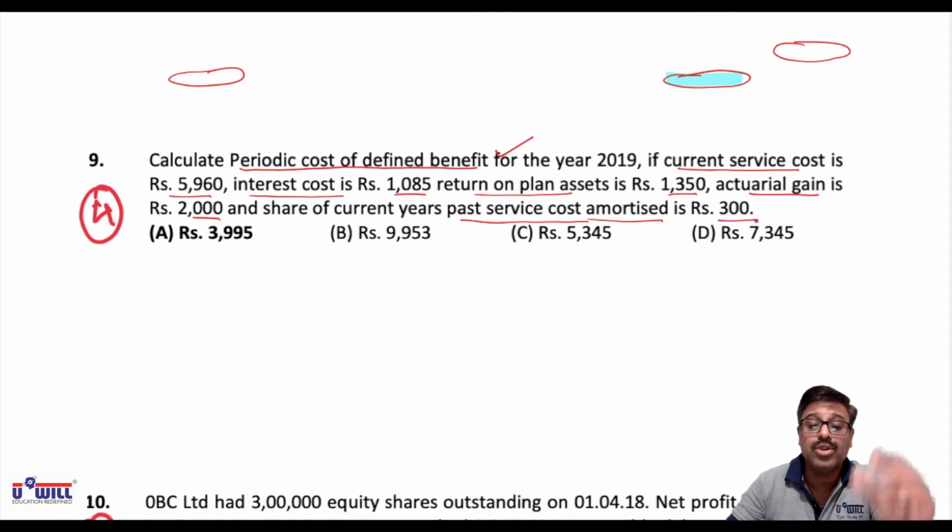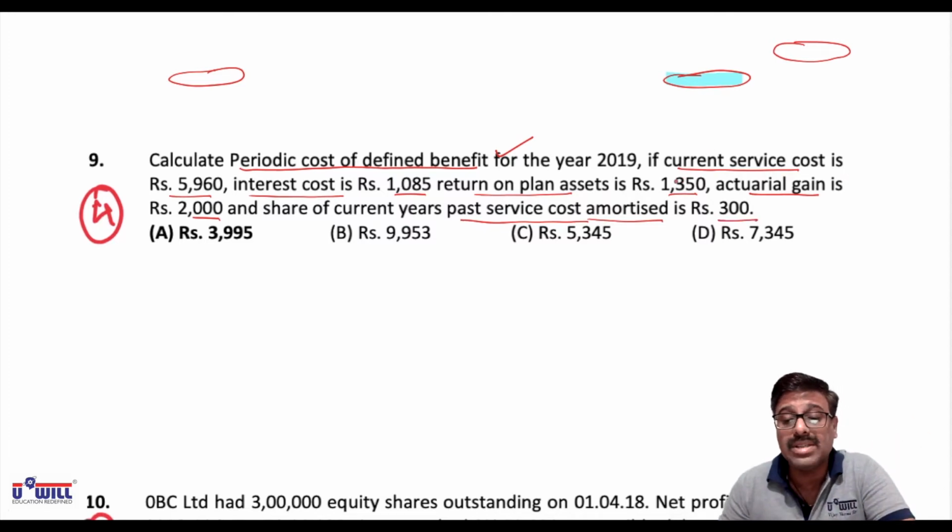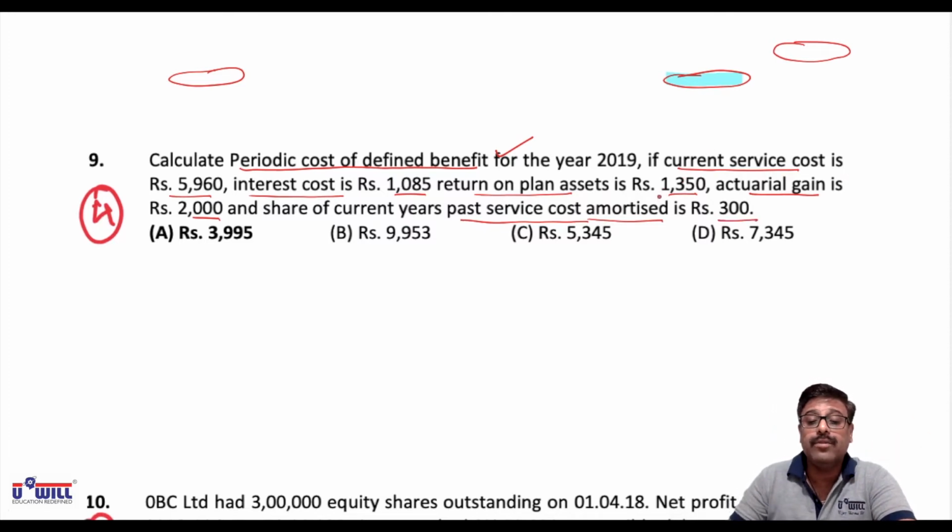Now the formula you have to remember, I discussed this in employee benefit cost. How do you find the periodic cost of defined benefit? Current service cost will be the starting point, plus interest cost minus return on plan assets. Return on plan assets we subtract, and actuarial gain we minus and loss we plus. So here it's gain, so we will minus, and past service cost amortized will also get added.